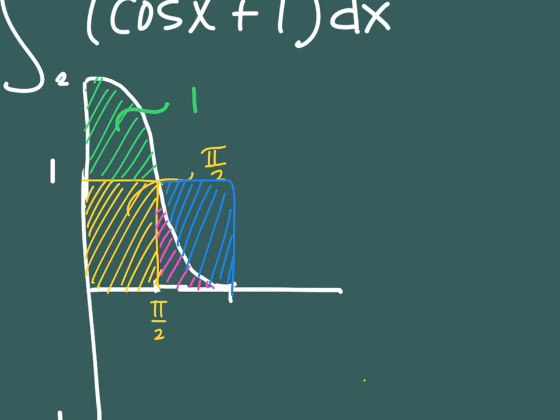Those are equal. So this new green space with the pinkish space together make a rectangle. That rectangle is pi over 2, but then you have to subtract out the green space, so the pink space must be, say it again. Pi over 2 minus 1. Very good.